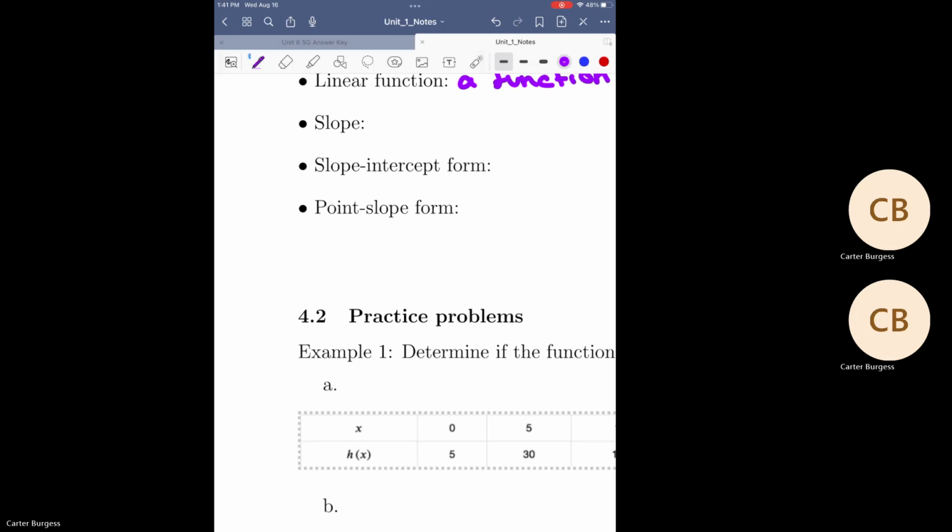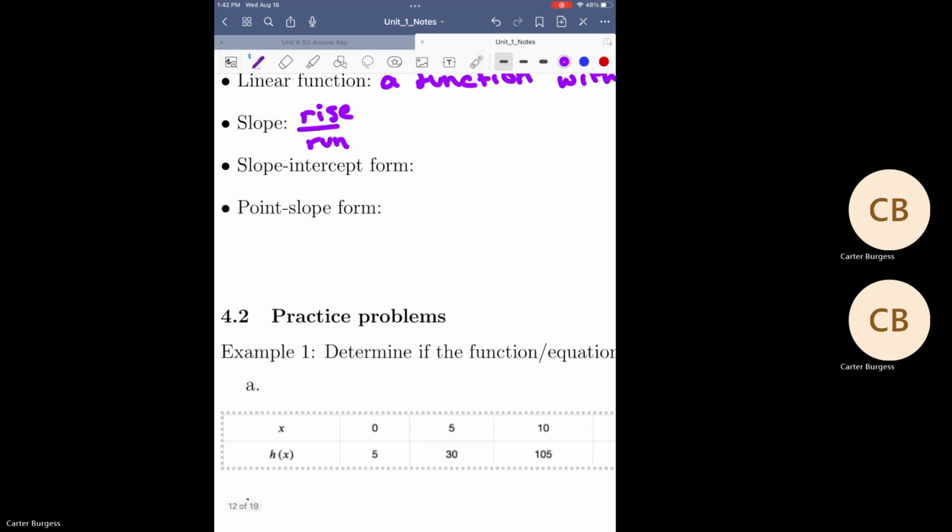That could be formulaic, it could be descriptive. What is slope? What do we know about the slope of a line? Okay, so one way to define it is rise over run. So how far our function increases as we slide along our x values. Fantastic. How else do we define slope?